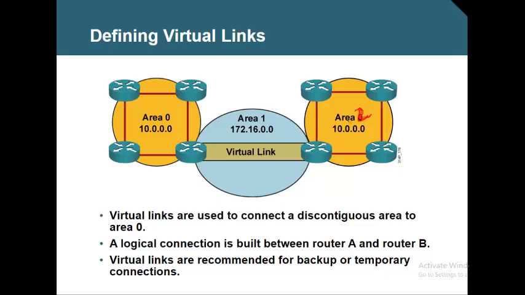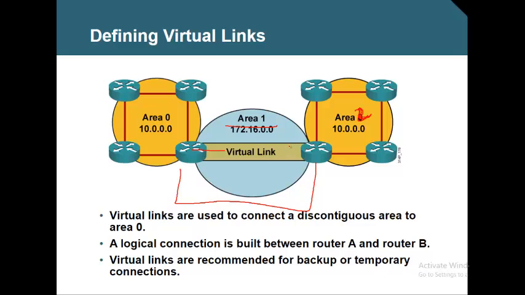So area 2 needs to have a connection with area 0, but a physical connection for some reason is not possible. So what I do is I put a virtual connection, which is area 1. Because area 1 is already connected to the backbone area, I make use of area 1 to provide me a virtual connection.